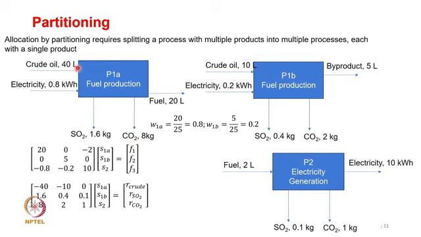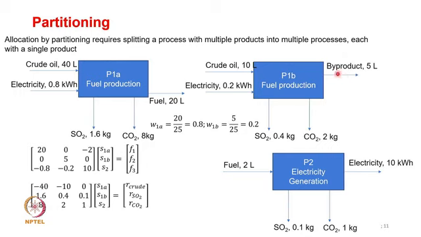You have to do the full balance. You have used 40 liters of crude oil, so you create a sub process wherein we partition the remaining 10 liters of crude oil, assuming they go in as an input, along with the remaining 0.2 kilowatt hour of electricity, and that yields the byproduct of 5 liters.